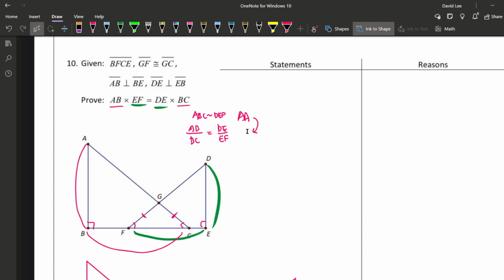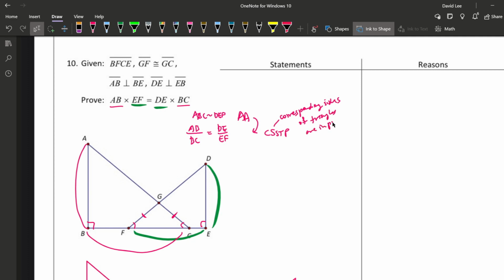The reason for this would be CSSTP. I don't know what your teacher uses, but the short form is CSSTP. This stands for corresponding sides of similar triangles are in proportion.